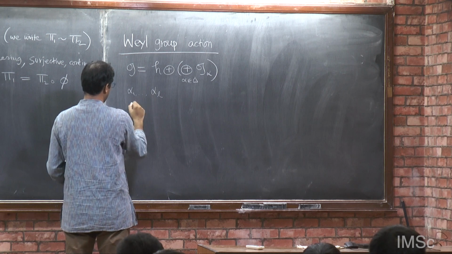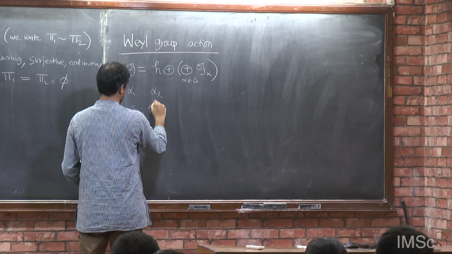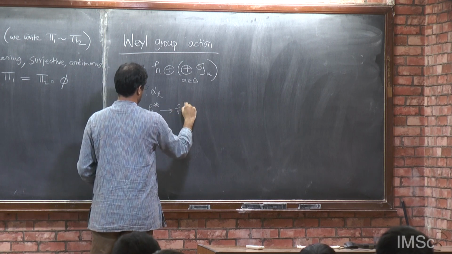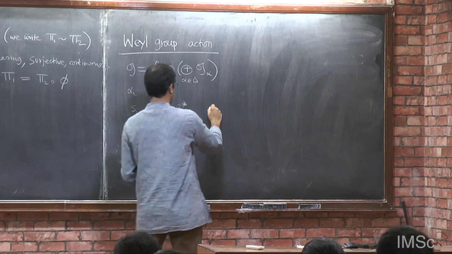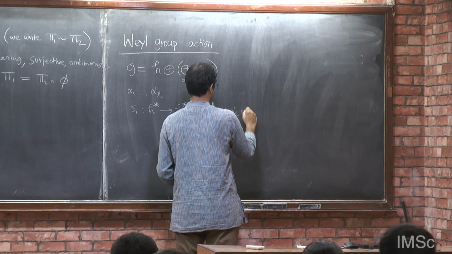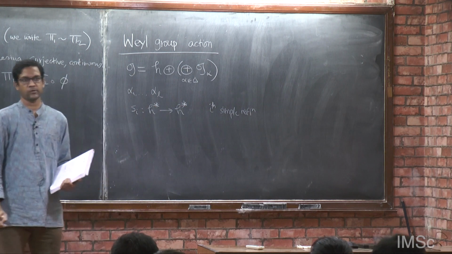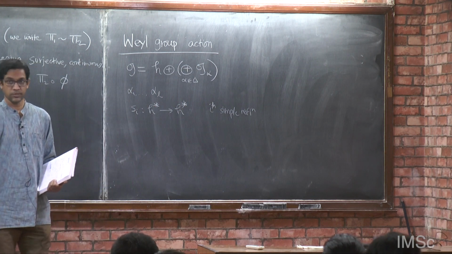Corresponding to alpha i I have an operator called s i, and that operator acts on H star. This is what you would call the ith simple reflection, corresponding to the ith simple root.